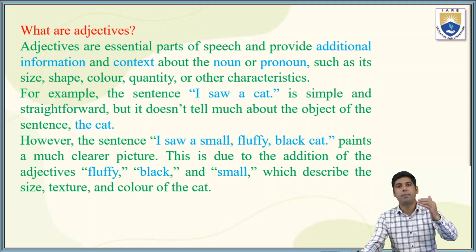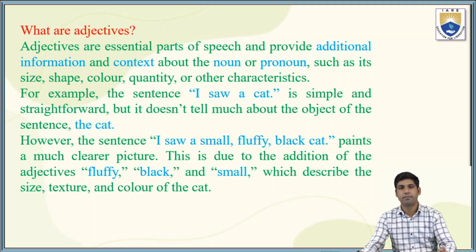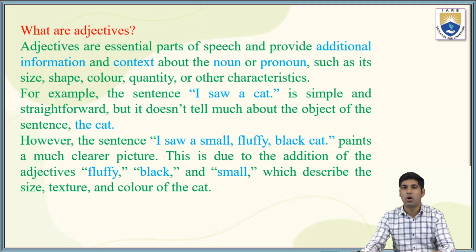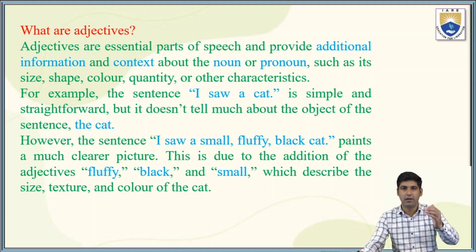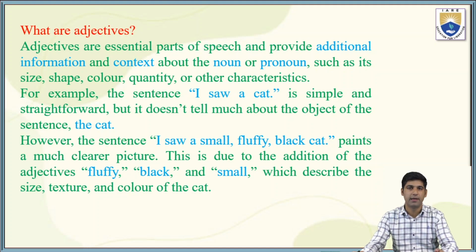When we talk about grammar, it's very essential and important to talk about parts of speech. And when we talk about parts of speech, we know we have a list of 8 grammatical components, which includes noun, pronoun, adjective, verb, adverb, conjunction, preposition, and interjection.